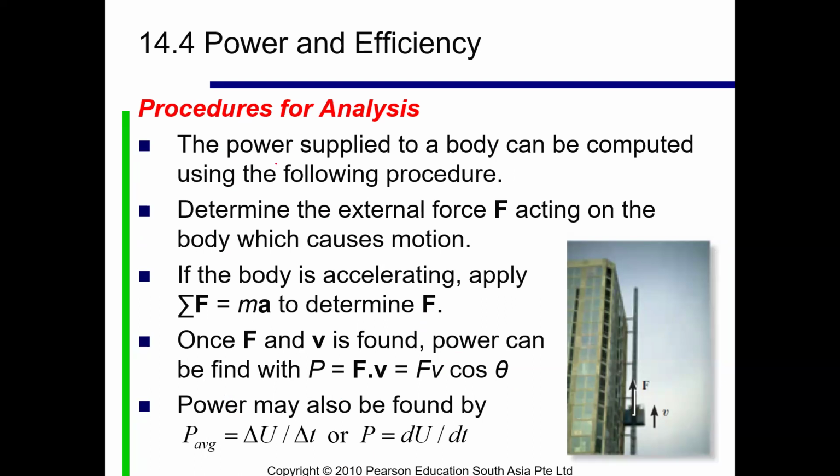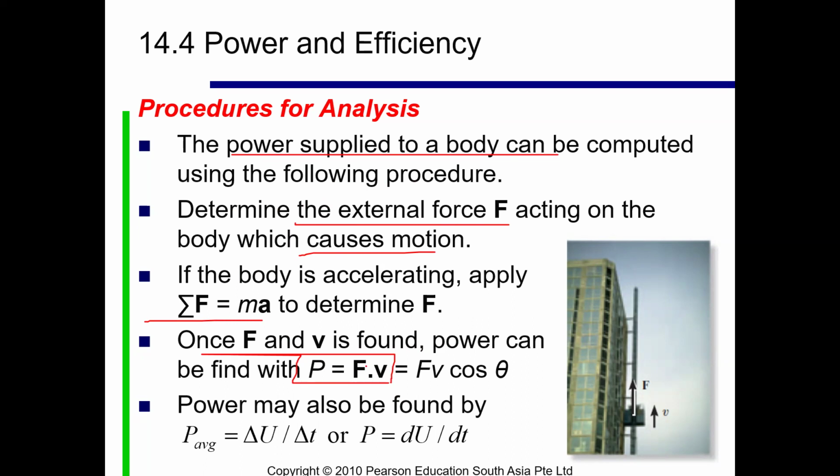The solution of the question is very similar. First, you need to establish the coordinate system. For example, the power supplied to the body can be computed using the following procedure: determine the external forces acting on the system causing motion, execute the equilibrium conditions, then figure out force times velocity.